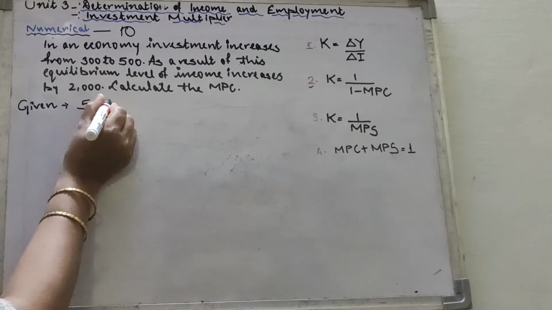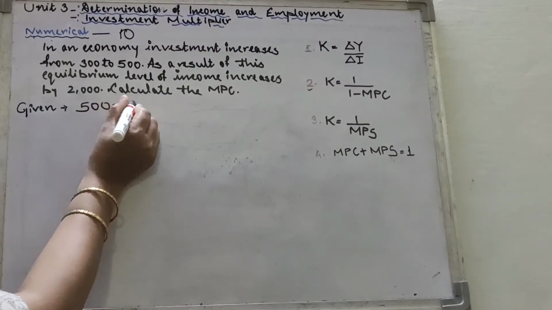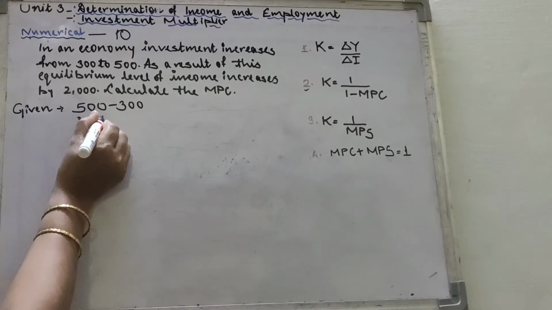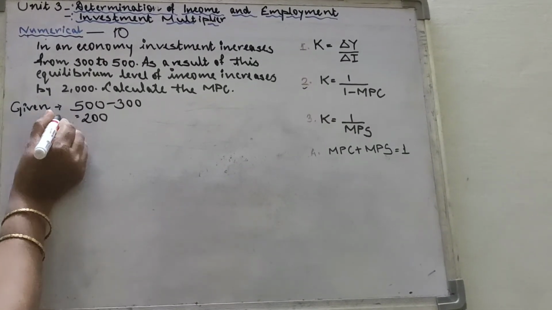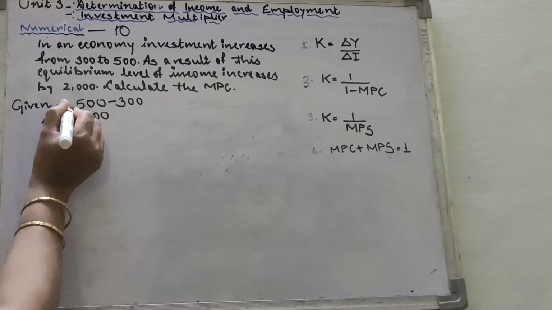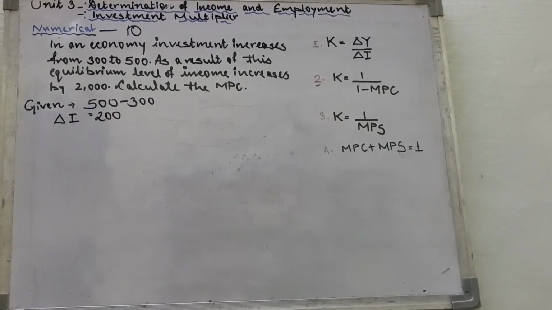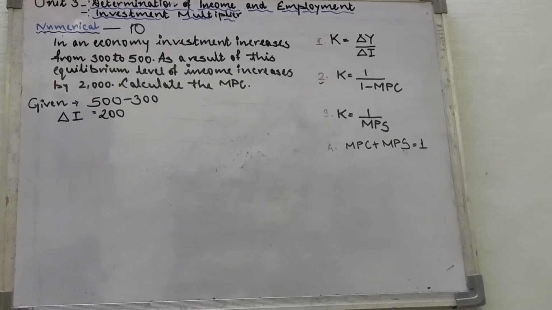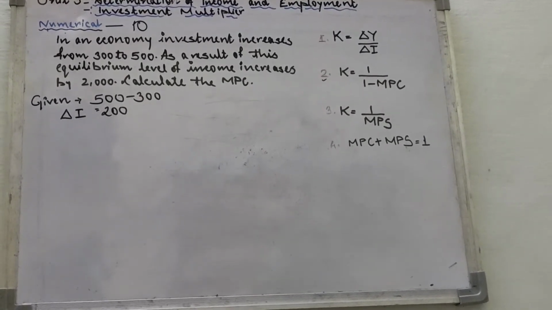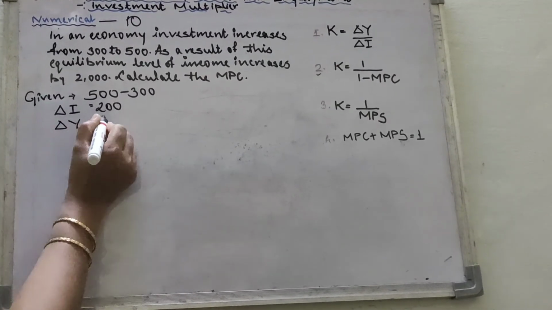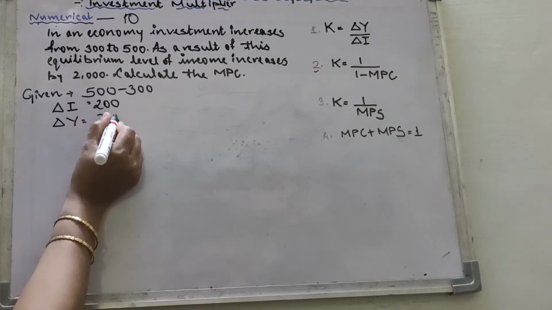That is 500 minus 300, 200, which is nothing but the change in investment. This is the first thing given. As a result of this, equilibrium level of income increases by 2000. That means change in the income is rupees 2000.